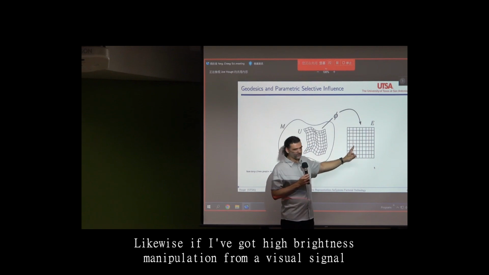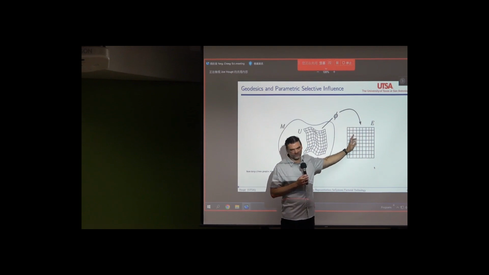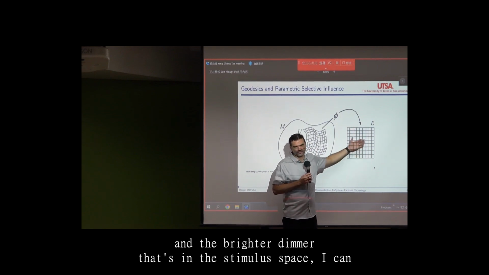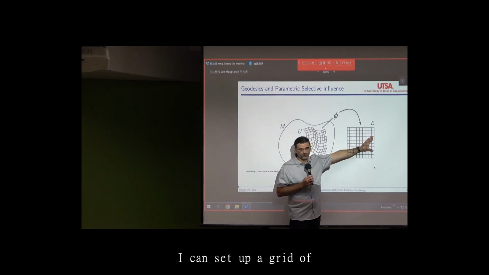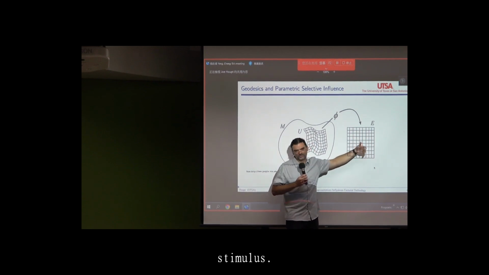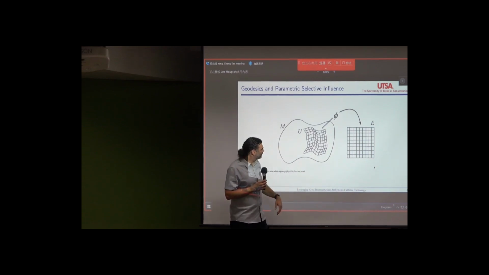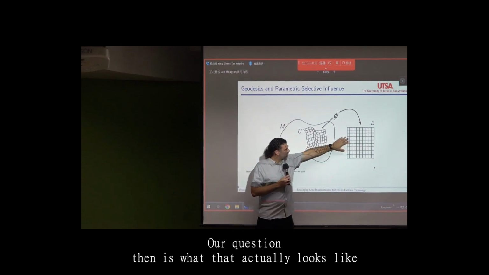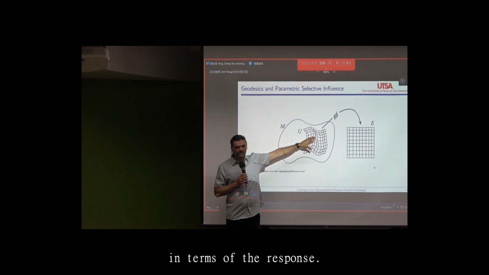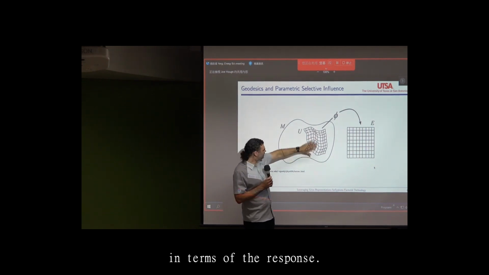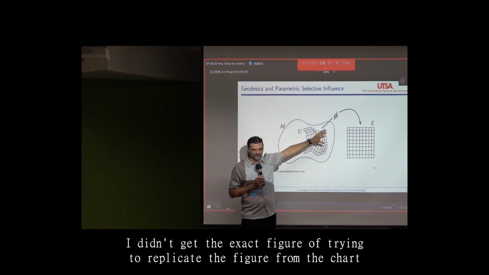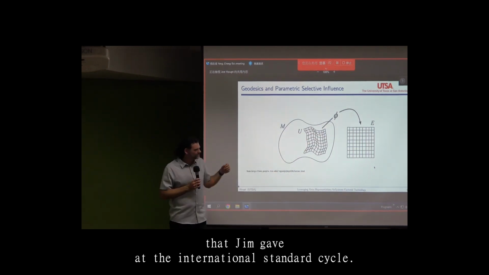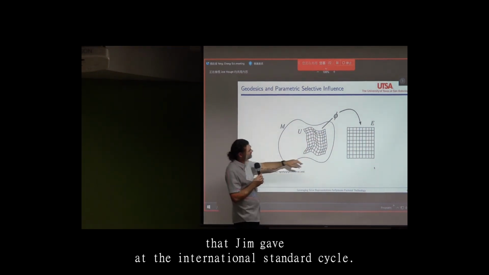Likewise, if I've got my brightness manipulation for my visual signal, making it brighter or dimmer, then in the stimulus space I can set up a grid of stimulus sets. Our question then is what that actually looks like in terms of the response space. I didn't get the exact figure; I was trying to replicate the chart that Jim gave at the International Society of Psychophysics.